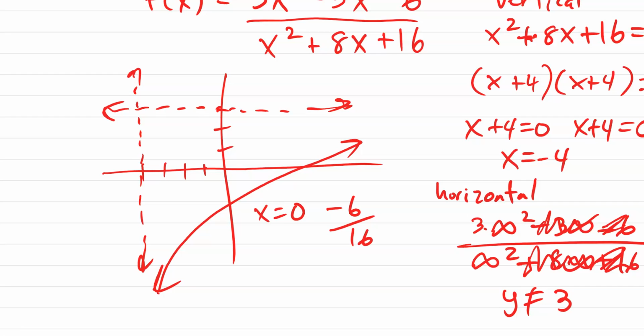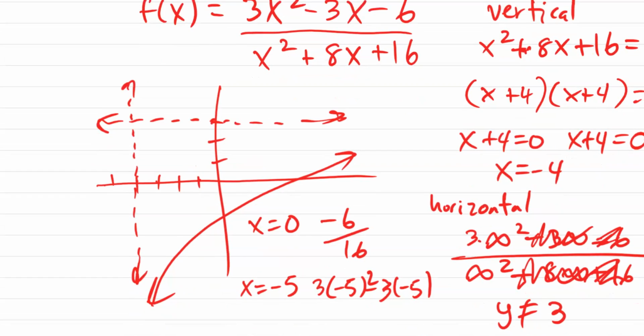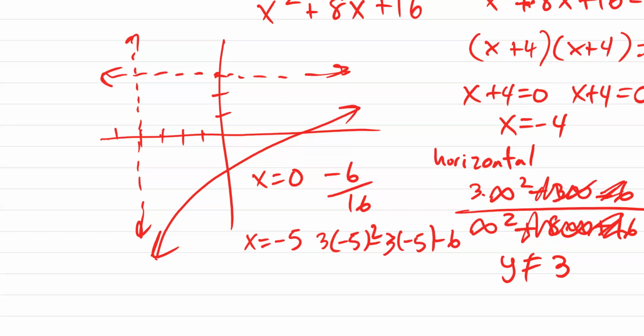As I check -5. 3 times -5 squared minus 3 times -5. Is that -6? Oh my. All over -5 squared plus 8 times -5 plus 16.